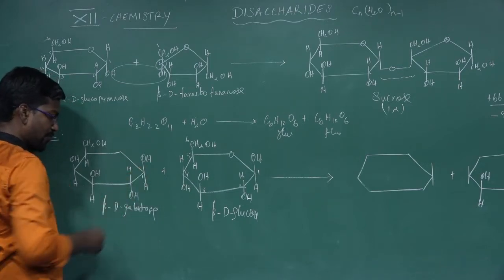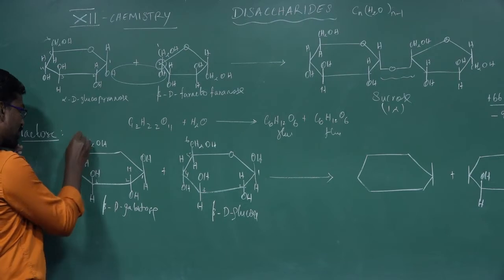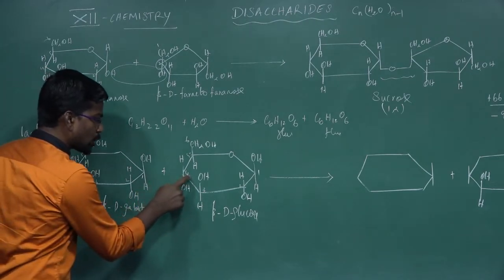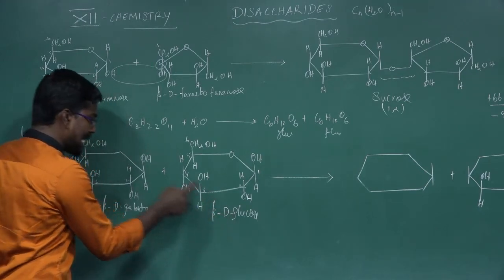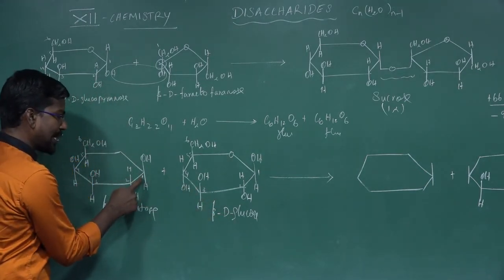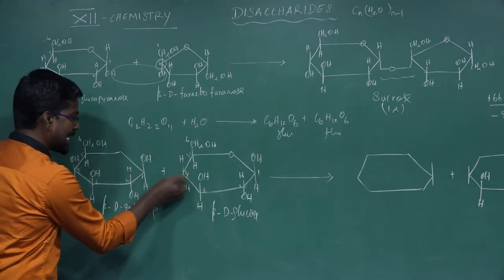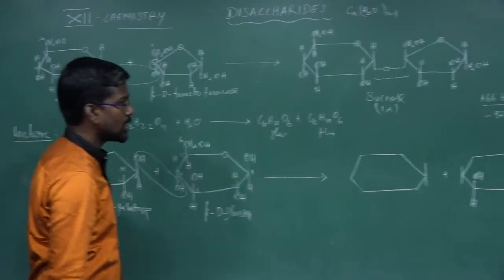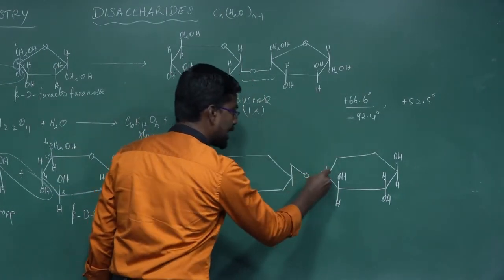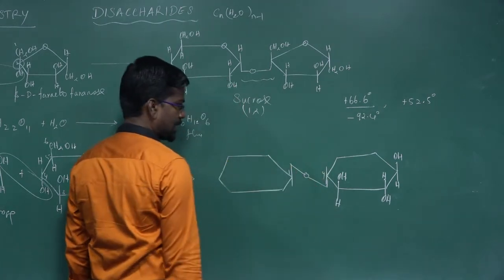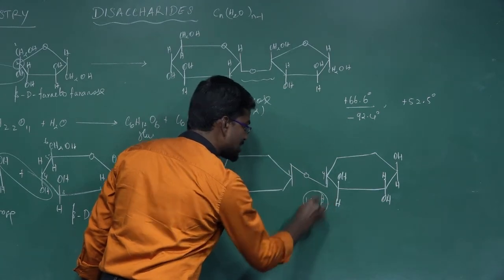This is the first carbon of beta D galactose, then second, third, fourth, fifth, sixth carbon. The fourth carbon OH group of beta D glucose combines with the first carbon OH group of beta D galactose, and H2O is removed. This is the fourth carbon and this is the first carbon. This linkage is known as a 1,4 beta linkage.